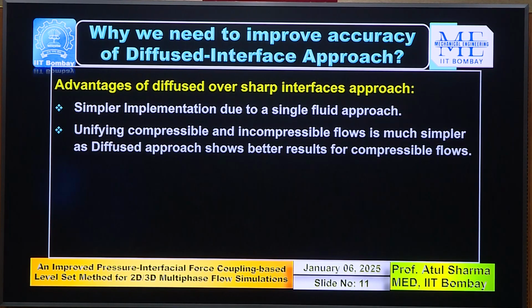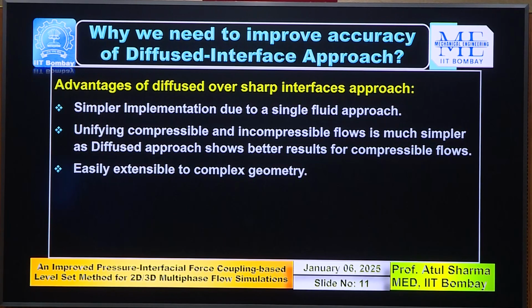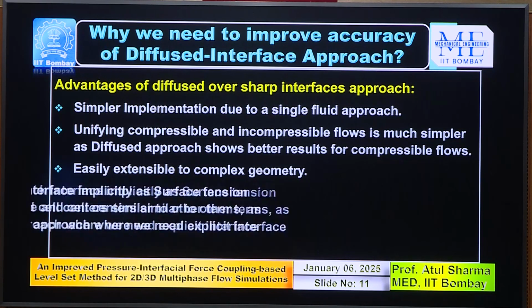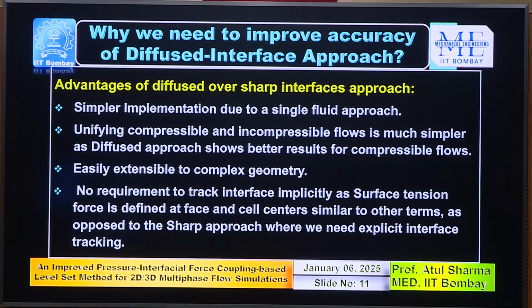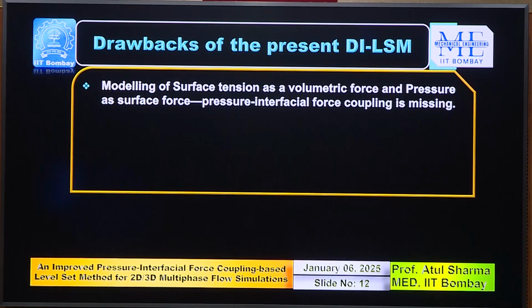So when you want to unify compressible and incompressible flow, it is much simpler in the diffused interface approach. It can be easily extendable to complex geometry problems, non-Cartesian, non-cylindrical problems. And there is no requirement to track the interface explicitly, as surface tension is defined at the face and surface. This I'll discuss a little more in detail.